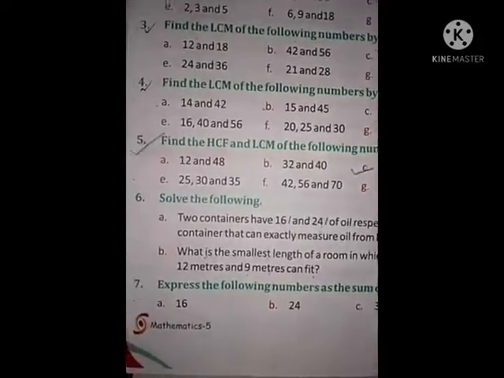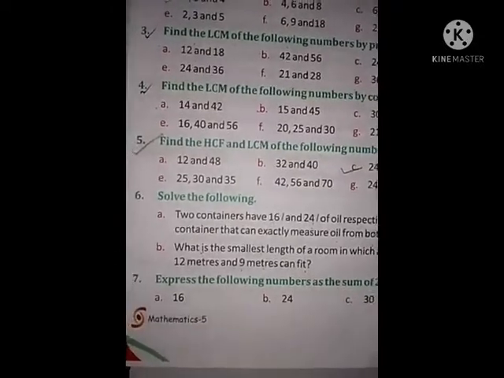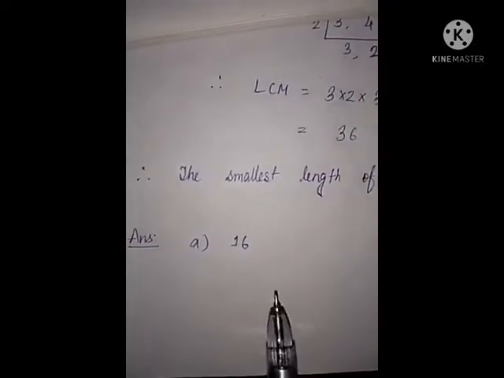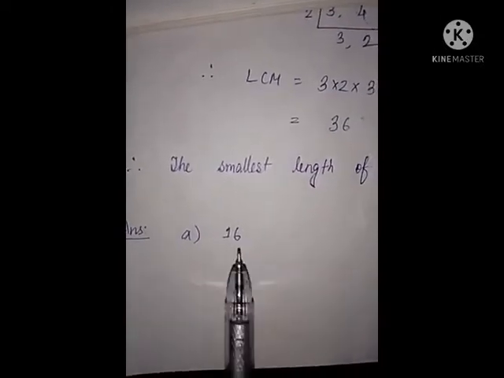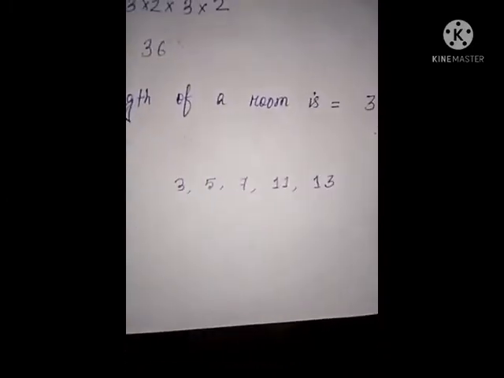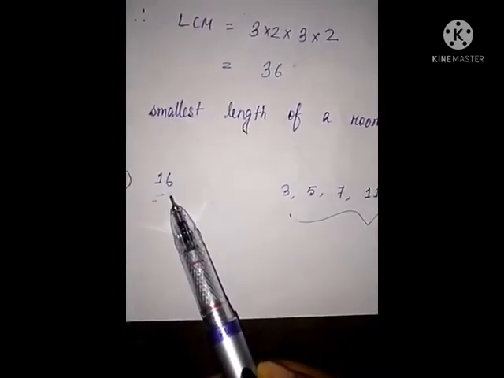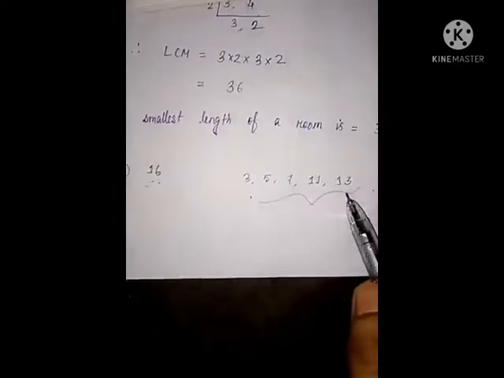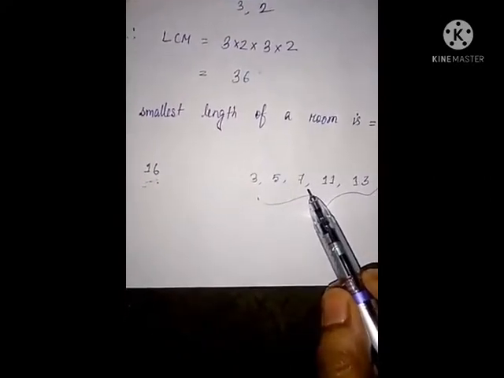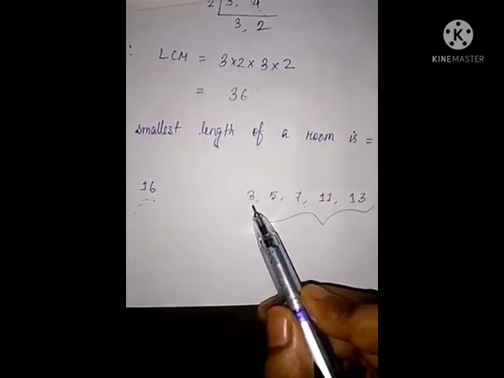Okay, so let's take an example: 16. What are the prime numbers you will find before 16? See, these are the prime numbers we have got before 16. Now see which we can add to get 16. See, 3.